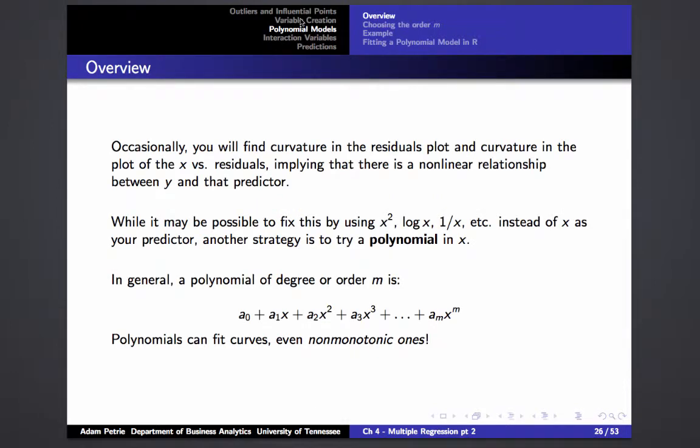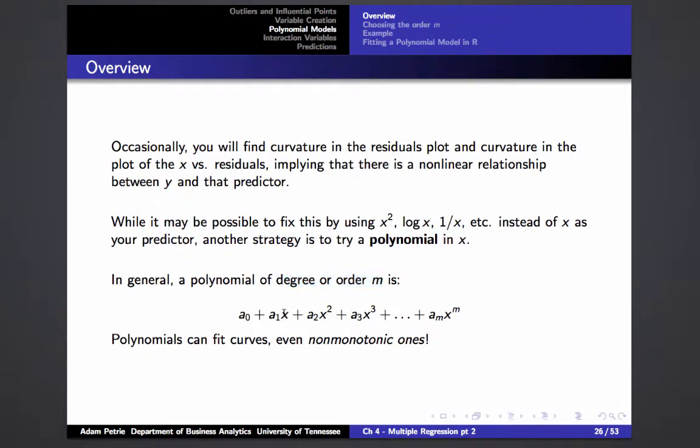Okay. So what is a polynomial model? Well, we're going to say that we have a polynomial in x if we have the following terms in our model. Basically, we have x, x squared, x cubed, all the way up to x to the mth power. The degree, or the order of the polynomial, is called m, and it's just basically a weighted sum of the powers of x.